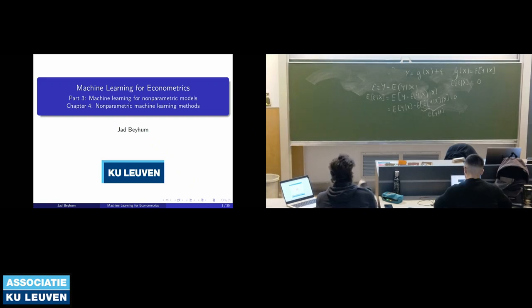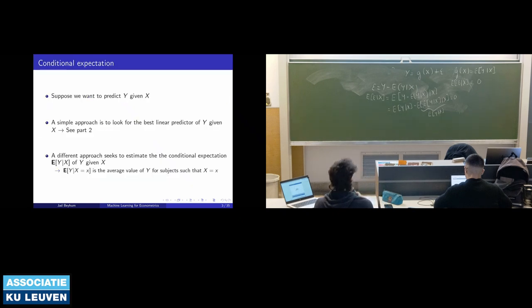Then we moved to chapter 3 on non-parametric models, and what we discussed is again this idea of overfitting. When you have a small data set, you should not try to estimate a too flexible model, because otherwise you overfit. In other words, that means the object you're trying to estimate is too hard to estimate for you, given the size of your data set. In chapters 2 and 3, we were focusing on linear models, which have some kind of limitation for prediction. Now we are going to move to nonlinear models and try to estimate this object, which is a conditional expectation.